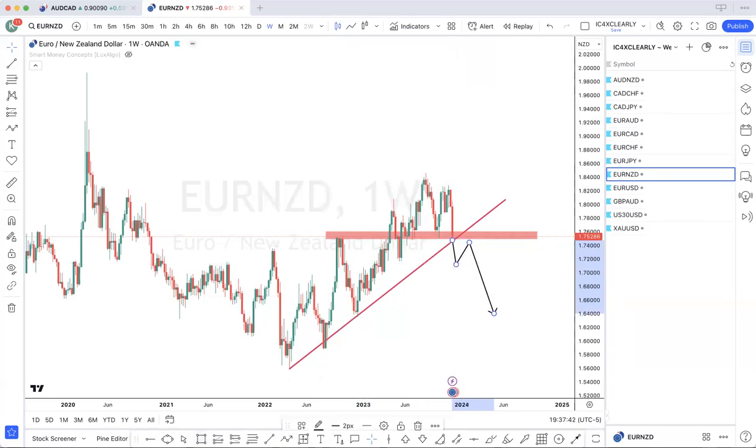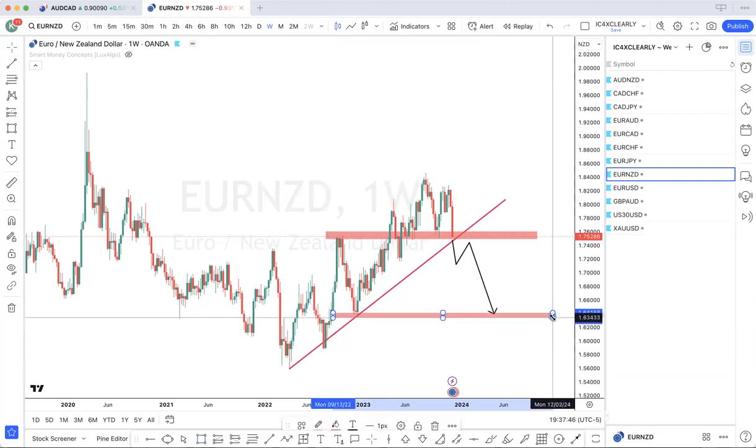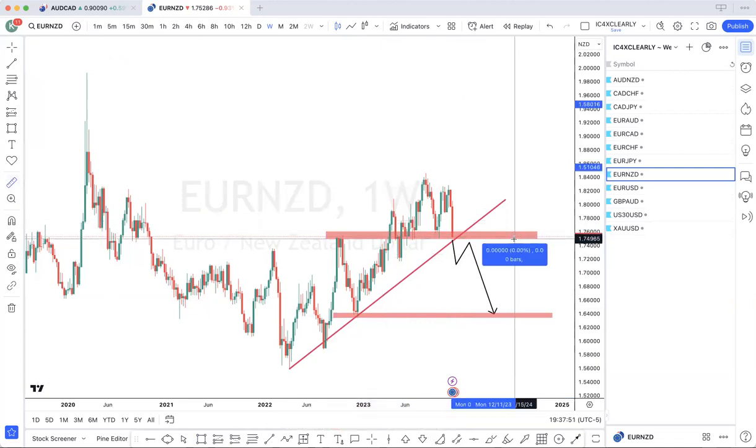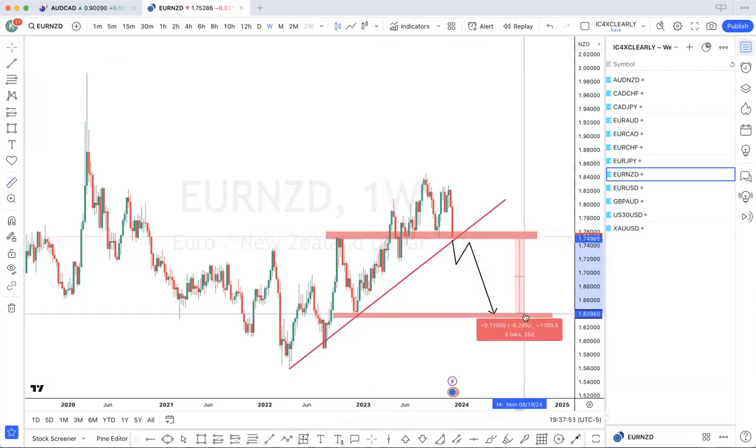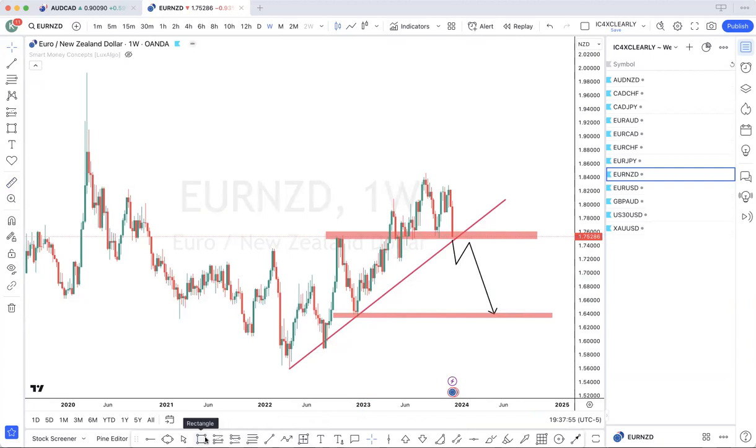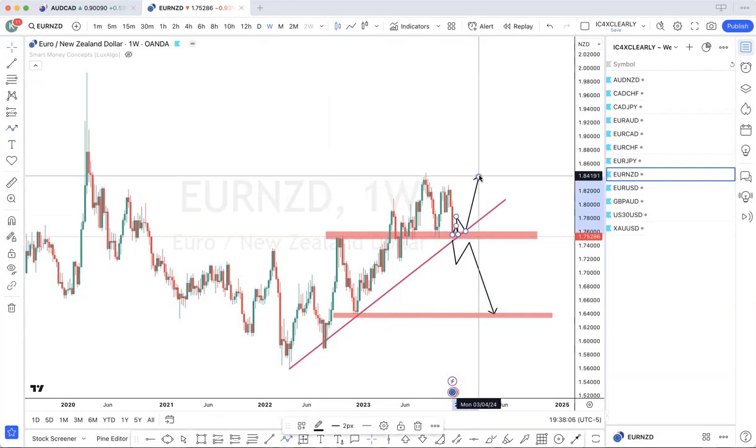So there's a low here to this low here, and it's also a key level. So price can either, that's over 1100 pips, or price can provide you with some breaks of structure in this zone and then continue to the upside.